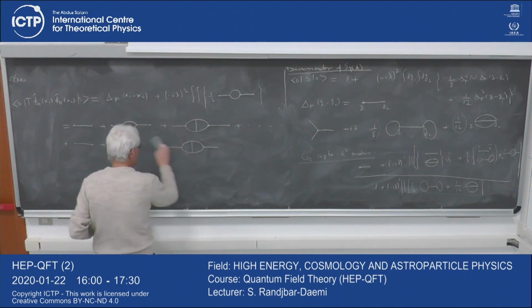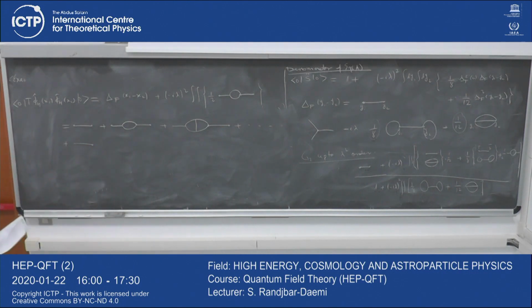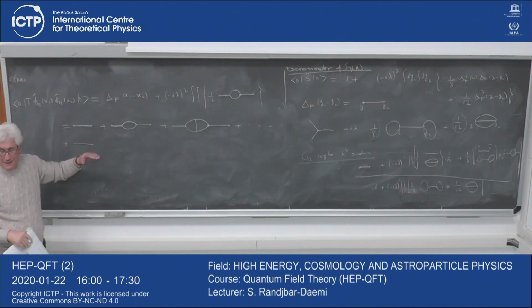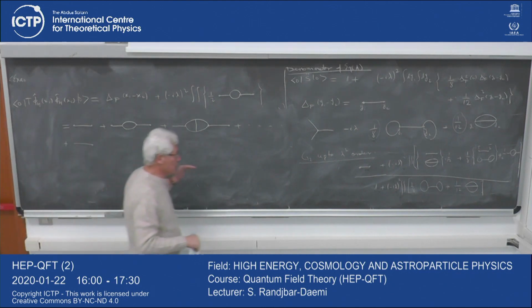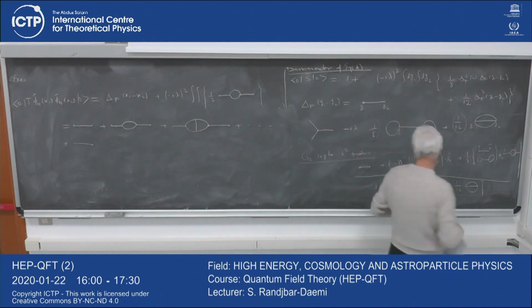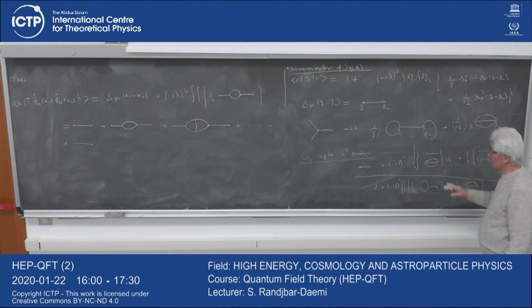Not like this, sorry. I want to take in one go the ratio. So we have to divide the numerator by the denominator. And it's skipping some points, okay? But it should be clear. So you will expand the numerator and you expand the denominator. Okay?